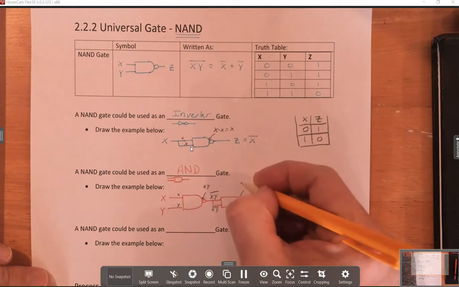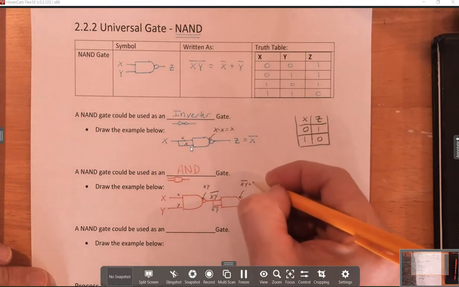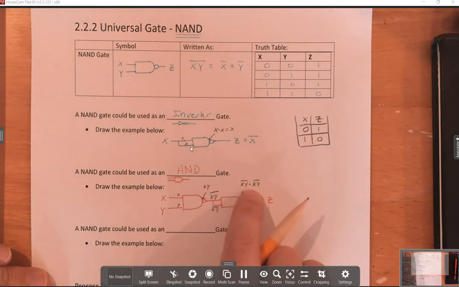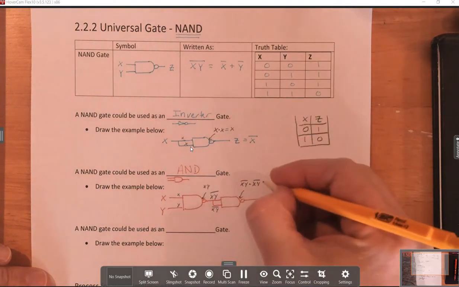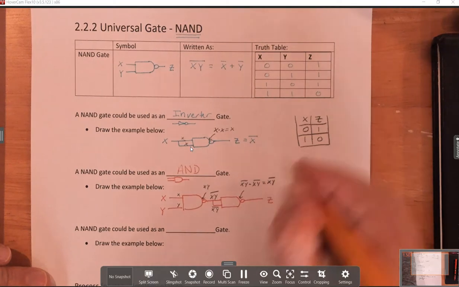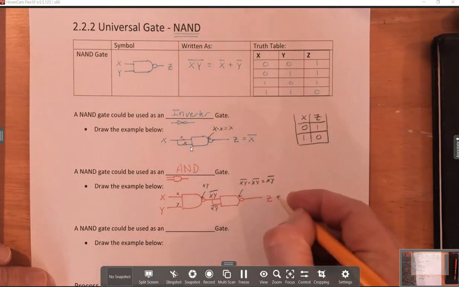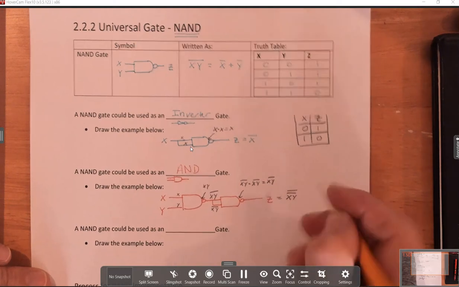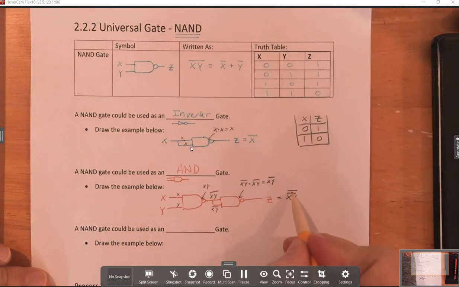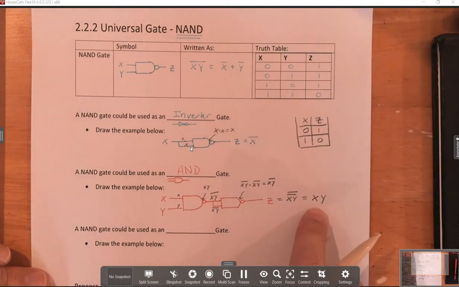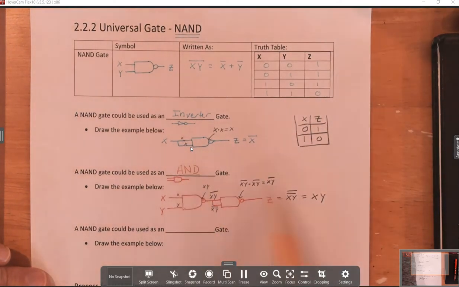So right here, we have not X and Y and not X and Y, and when we have an AND with itself, we get the same thing, and then that goes through the inverter, the circle, and so we get the inversion of not X and Y. And here we have the double negative, or the double bars, which cancel each other out to give us X and Y. So you can see we got the same logic of X and Y as our result after having traced through this setup.